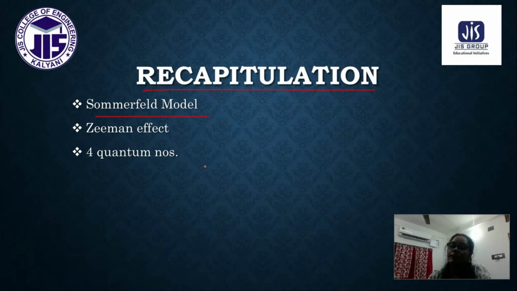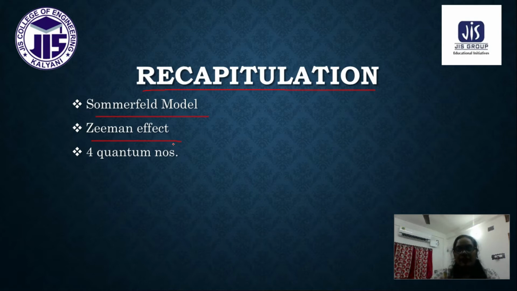These orbitals come from the Sommerfeld atomic model, and he incorporated one more quantum number, that is the azimuthal quantum number or orbital quantum number.